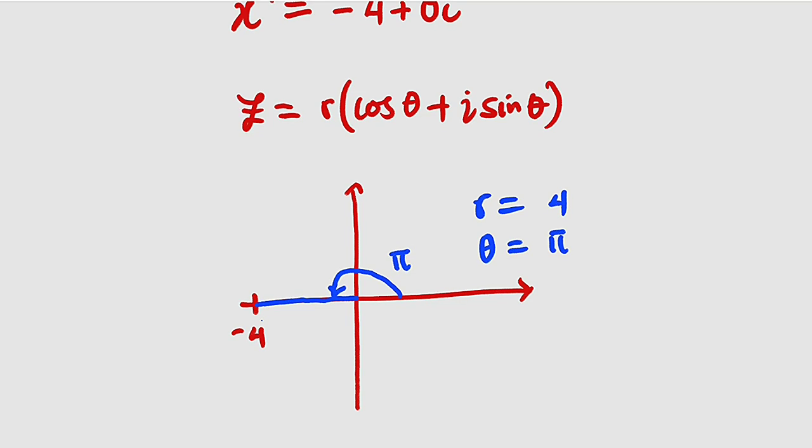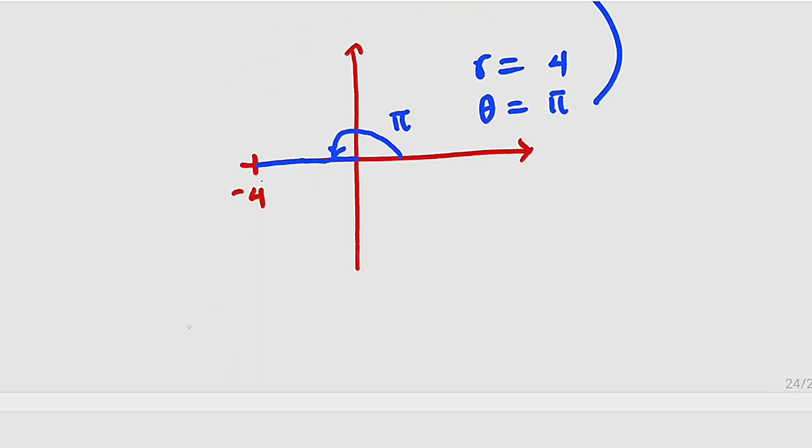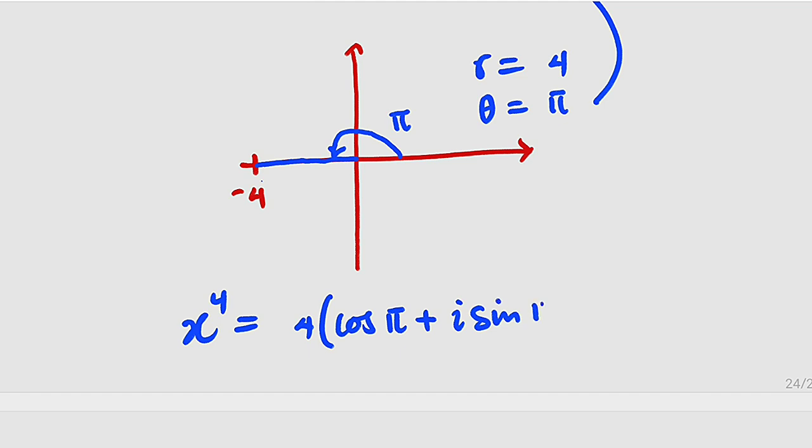All we have to do is to substitute them back here. Remember that z here is the same thing as x to the power of 4. Therefore, x to the power of 4 is equal to r, which is 4, multiplied by cosine of the angle subtended, pi, plus i sine the same angle, pi.